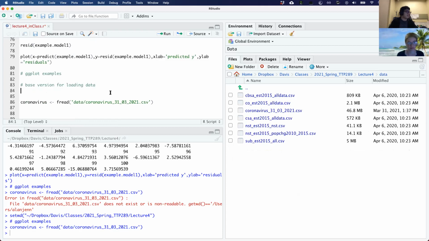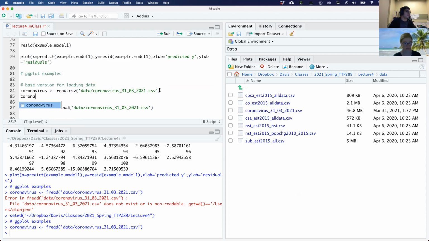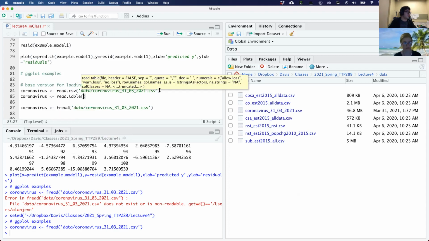There's a couple different ways I could read this. Coronavirus, and these are all, again, functionally equivalent. read.csv, data, coronavirus. So this is base R's version of reading in a comma separated value file. And read.csv is actually just a wrapper in base R for read.table.